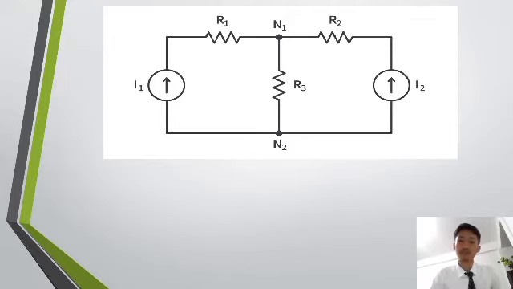So you see, this is the node that I was talking about, N1, N2. It is separating three components, R1, R2, R3. So this is the current I1, I2. To solve such complex electrical circuits, we use Kirchhoff's rules.